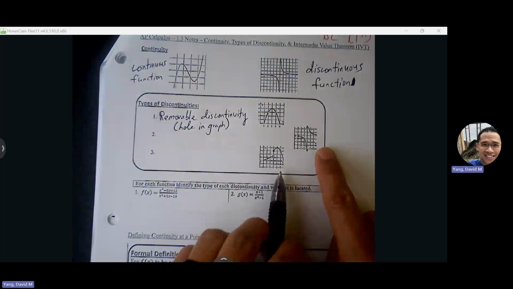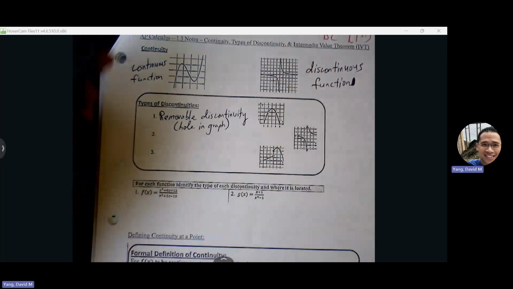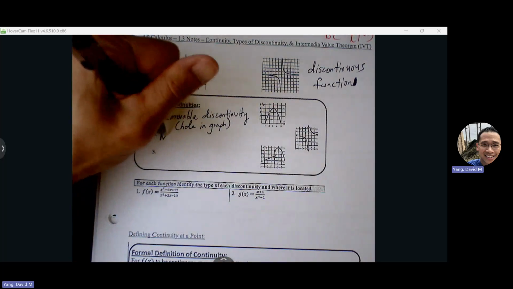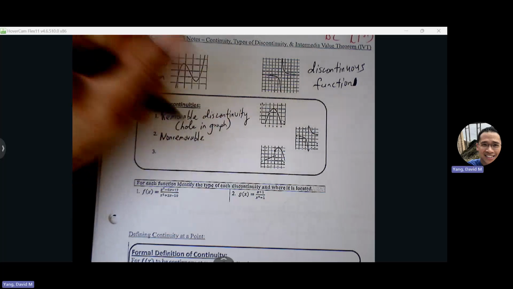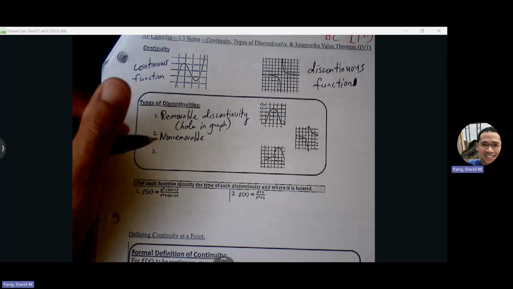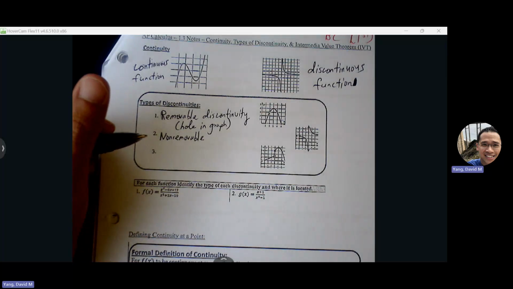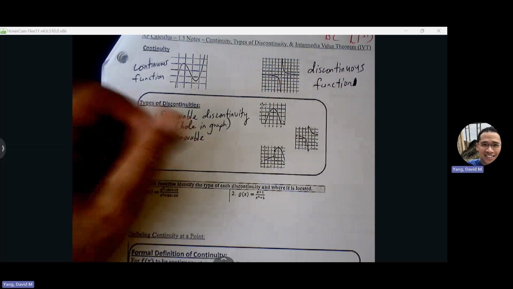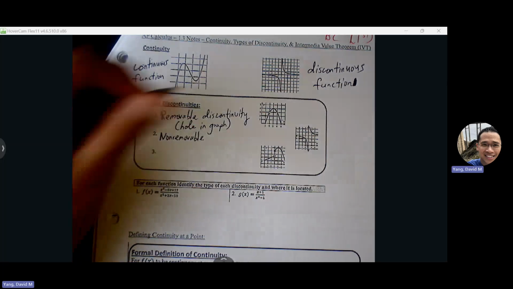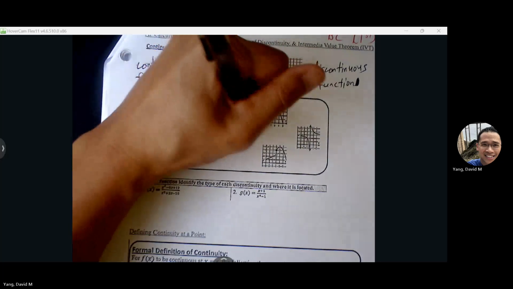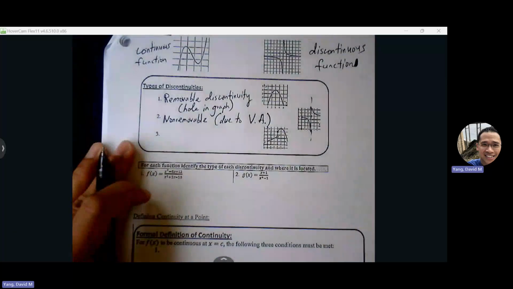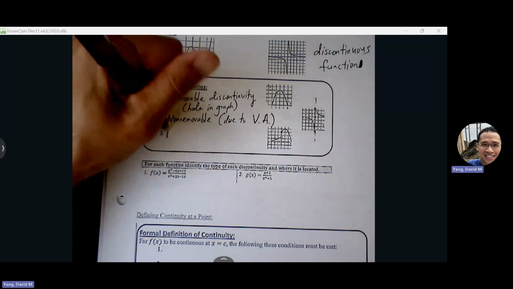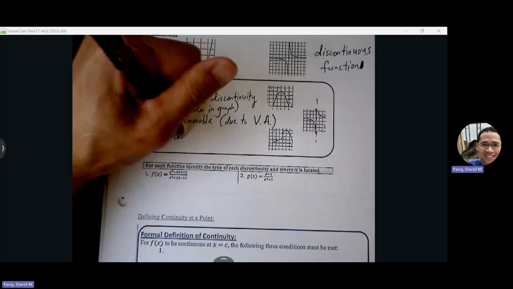And the second and third type are both non-removable discontinuity. And non-removable usually means we have to replace more than 1 point in order to get the graph to be continuous. So we have non-removable due to vertical asymptote. Like what we see here in the second graph. And then we also have non-removable due to jump discontinuity.